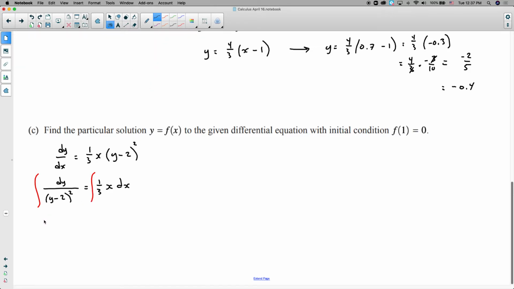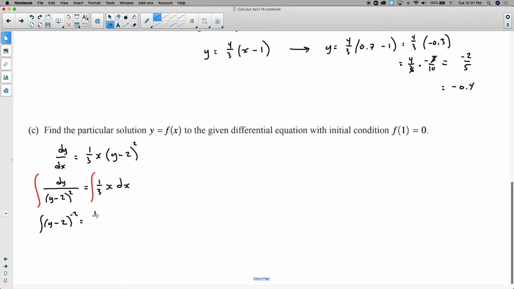And over here on this side, you could do a u sub, but it seems like, as usual, they give us something nice and linear in there whose derivative is 1, so we can move more quickly through this. And maybe it's worth writing it at least as (y minus 2) to the negative 2.